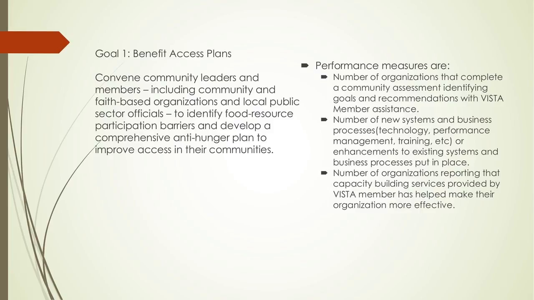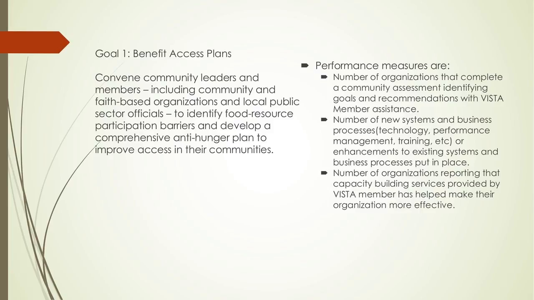All right, so now we're just going to look at the different goals and see what performance measures will be listed on the SM for that goal. So to the left, you could see the goal language that I read off before when I was discussing benefits access plans.